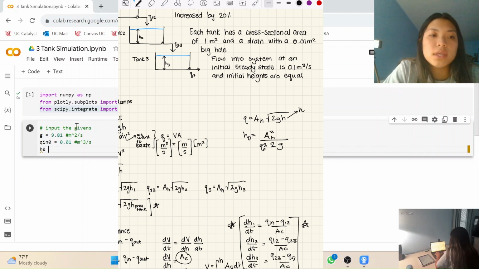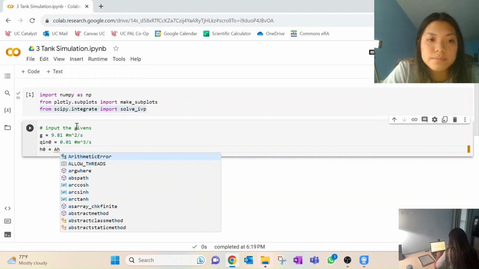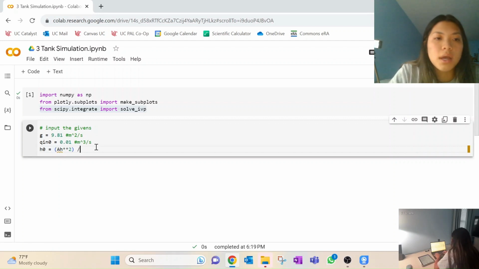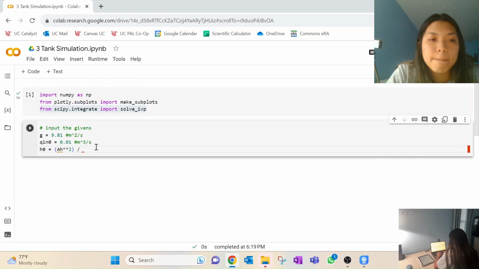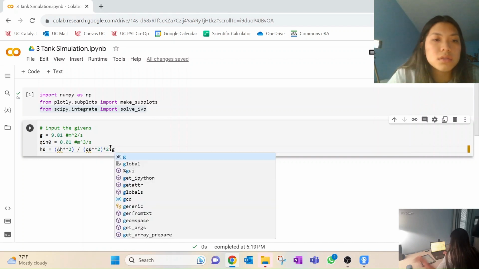So going into the code, the initial height is going to be the cross-sectional area of the drain squared, divided by the initial flow squared, times 2 times the gravitational constant.